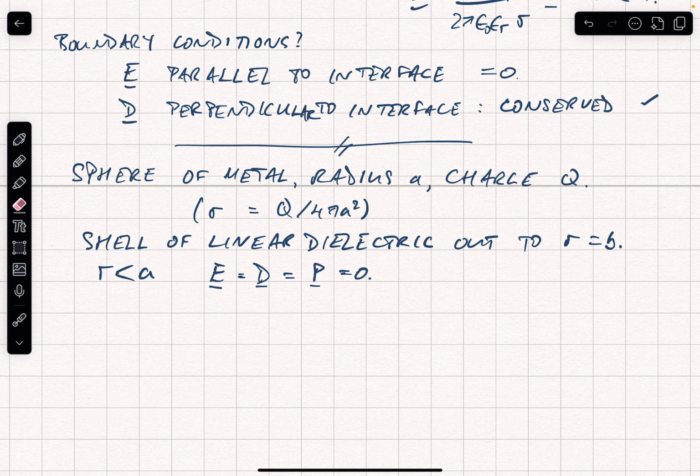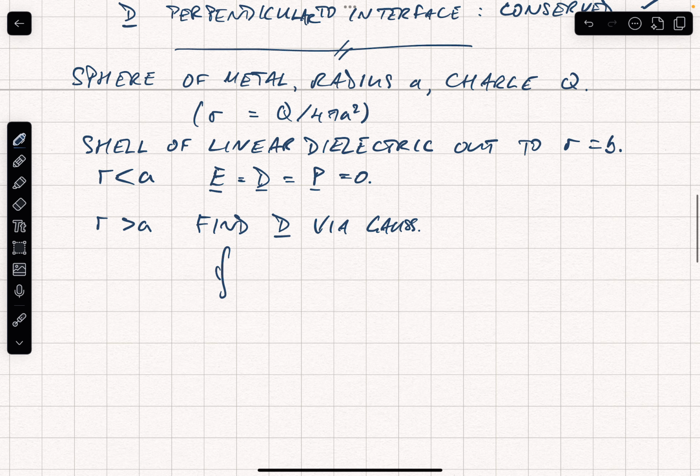Now for R greater than A, we're going to use D again. We'll find D via Gauss's theorem. Once again, we will write that the closed surface integral of D dotted with n dA is equal to the enclosed charge Q. That's just the volume integral of the charge. Again, D must be radial.